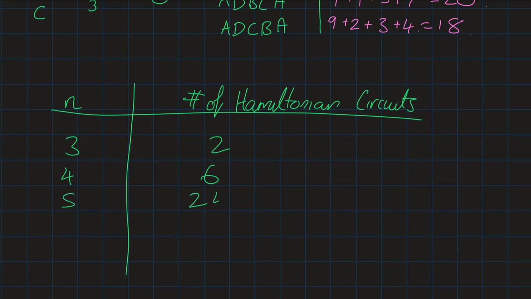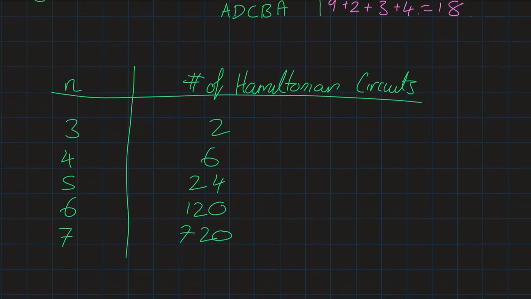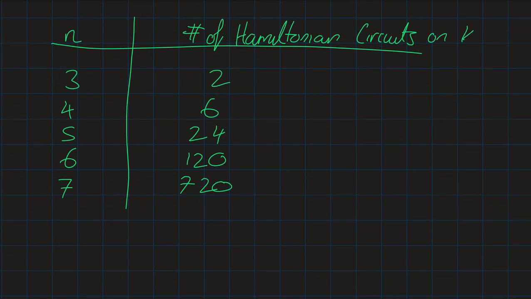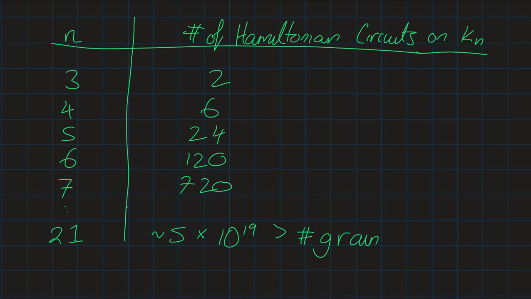When n is 5, there's 24. When n is 6, there's already 120. When n is 7, there's 720. So I'm looking at Kn, the number of Hamiltonian circuits on Kn. When n gets up to 21, there's approximately 5 times 10 to the 19, which is greater than the number of grains of sand on Earth, or some surprising statistic like this.